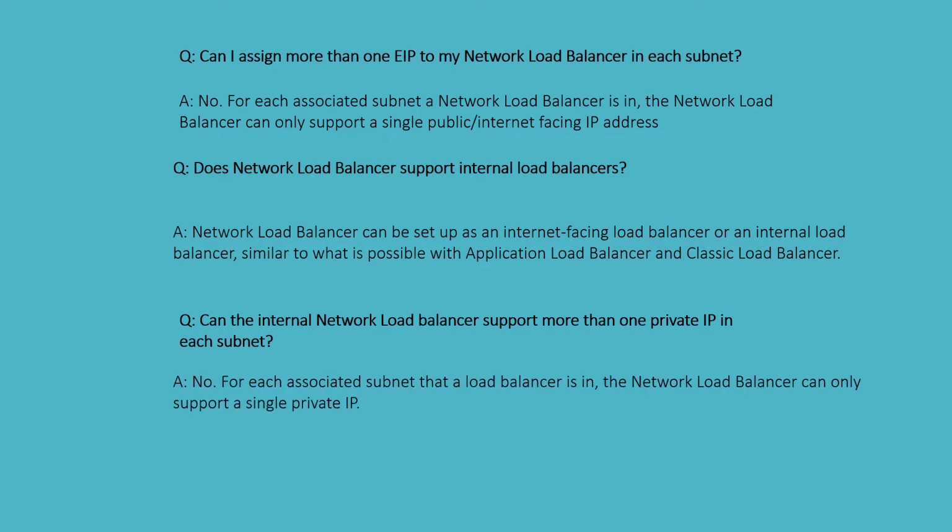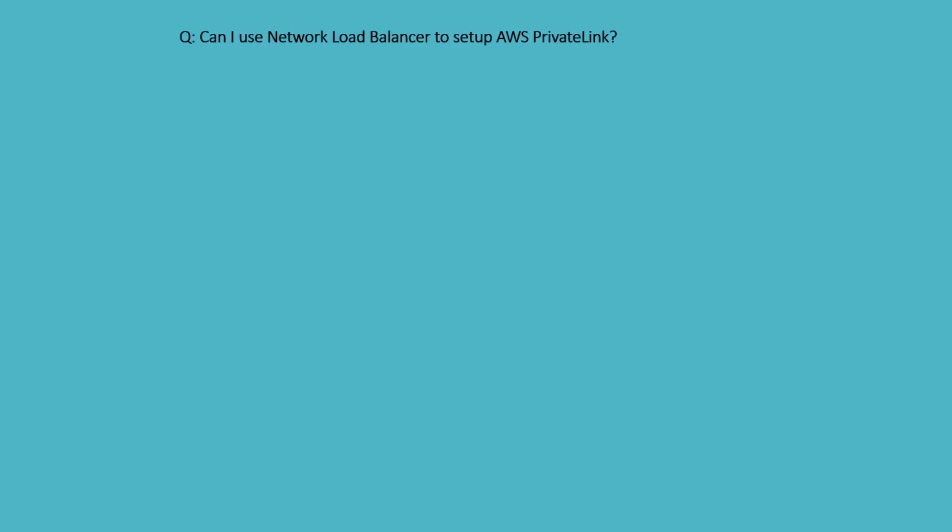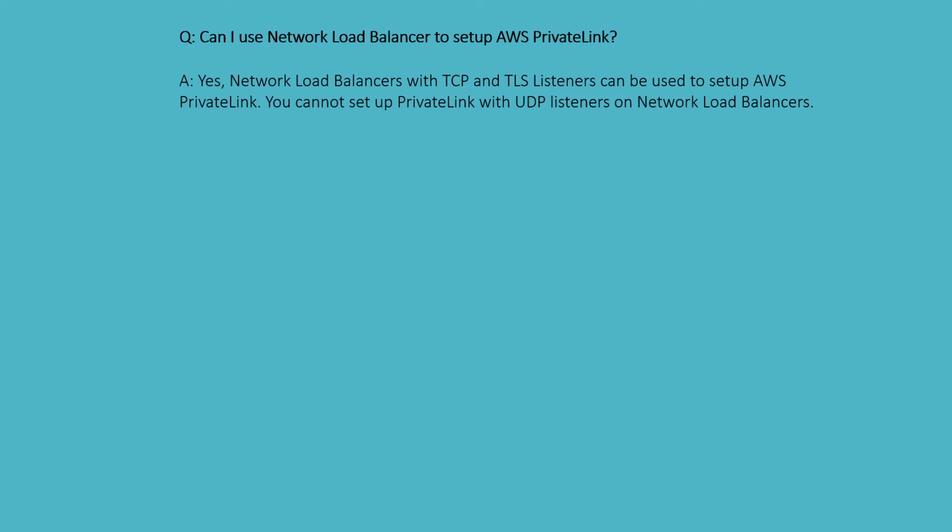No. For each associated subnet, Network Load Balancer can only support a single private IP. Can I use Network Load Balancer to set up AWS PrivateLink? Yes, Network Load Balancer with a TCP and TLS listener can be used to set up AWS PrivateLink. You cannot set up PrivateLink with a UDP listener on the Network Load Balancer.